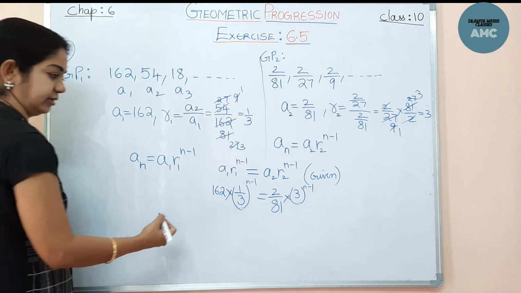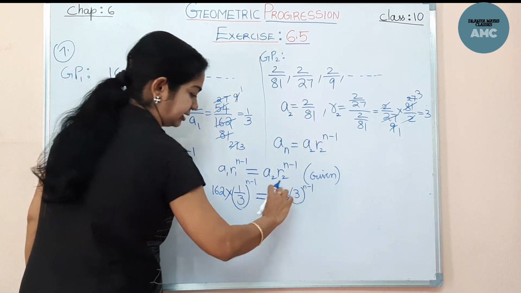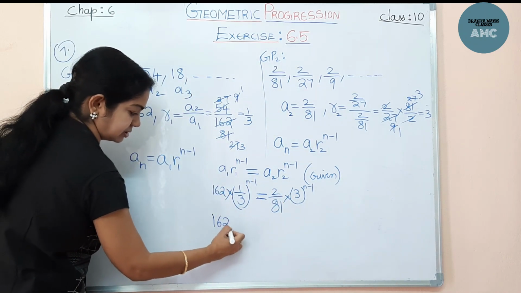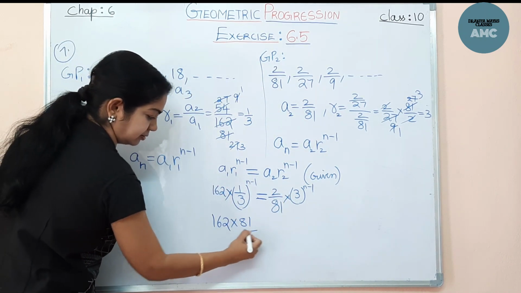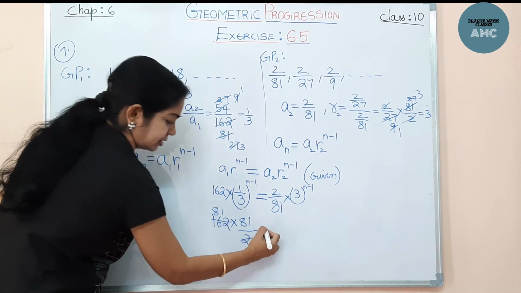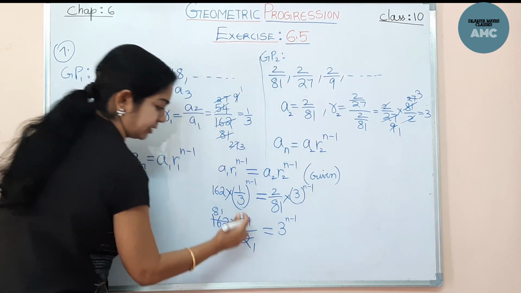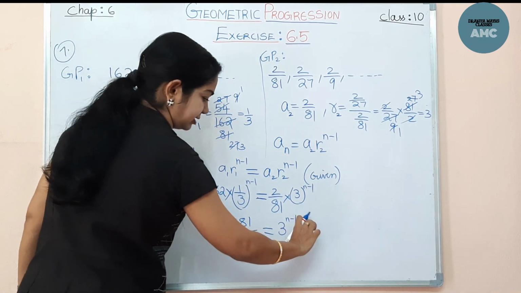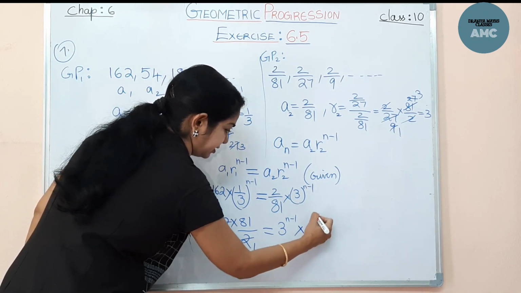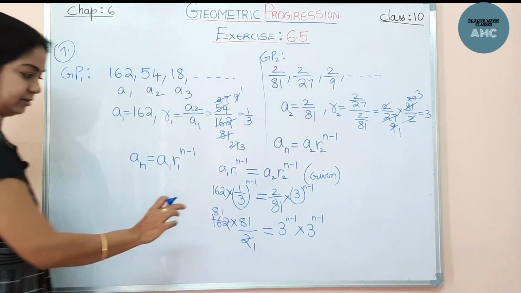Okay, now here both are equal. What I'll do, I'll send this to the other side and this constant to this side. If you bring the constant to this side, it becomes reciprocal by 2. Now 2 1s, 2 8s are, 2 1s are. Here it is already 3 power of n minus 1. I'll send this to the other side. This becomes 3 by 1, so that is again 3 raised to the power of n minus 1. See, 1 by 3 becomes 3 by 1. Okay.